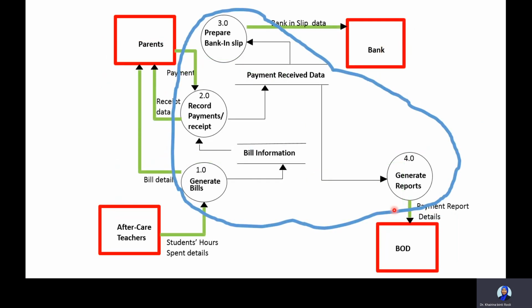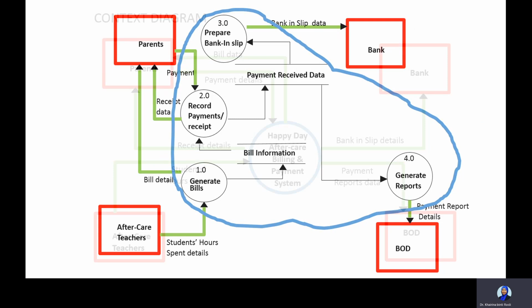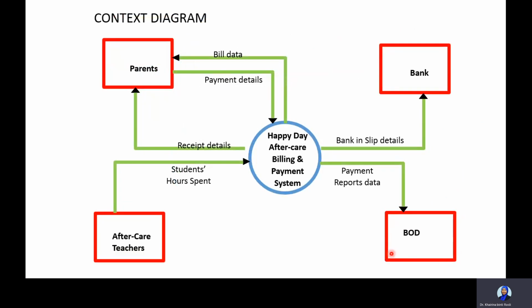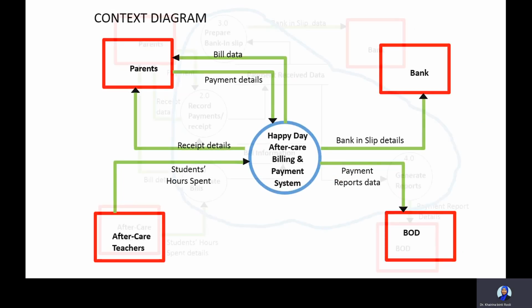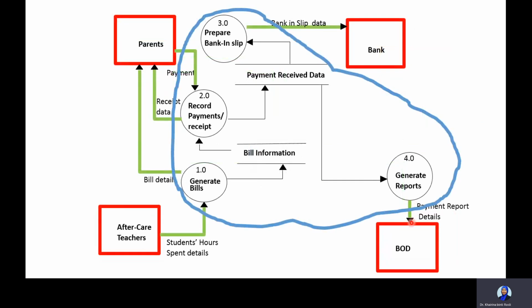The same 4 external entities we draw in the context diagram, and also the green data flows that go in and out from the external entities into the system. So we don't take the arrows inside the system.